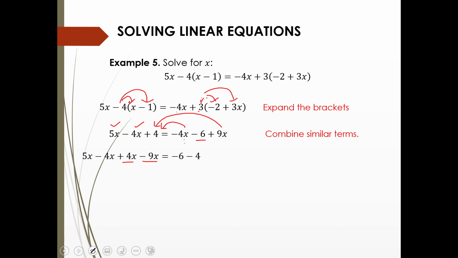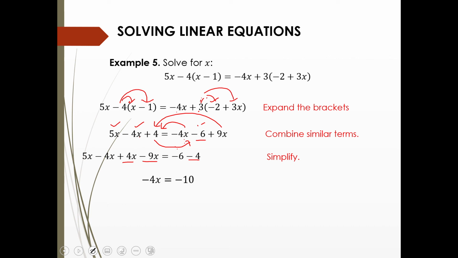So minus 6 stays on the same side. This 4, we put it on the other side, so that's why this becomes minus 4. And then we simplify. So 5 minus 4 plus 4 is 5x, minus 9x will give you minus 4x. So minus 6 minus 4 is minus 10. So minus 4x is equal to minus 10.